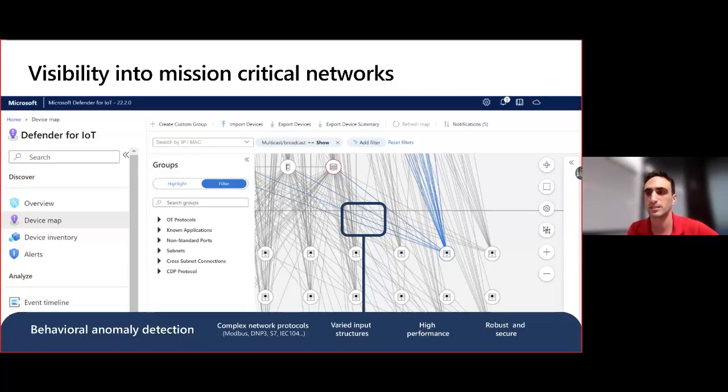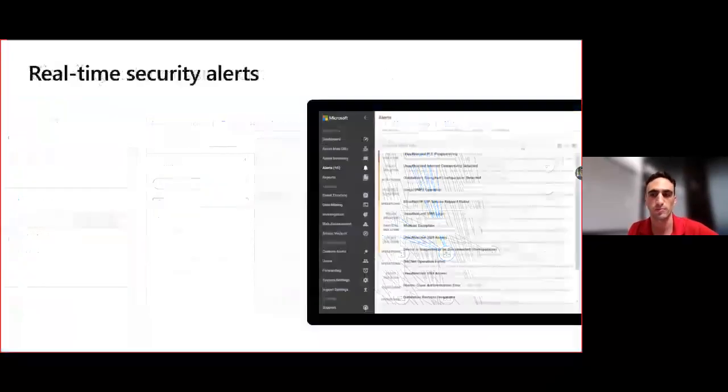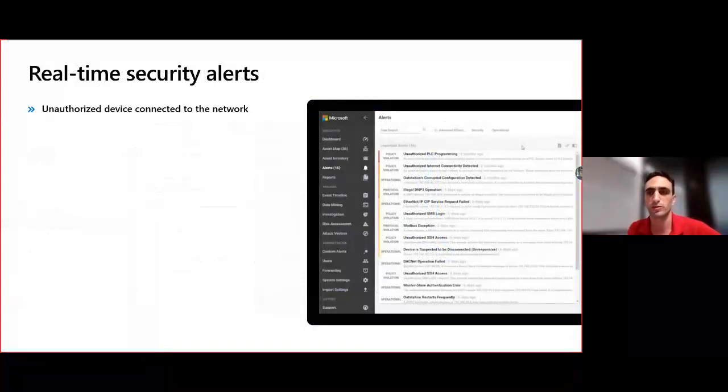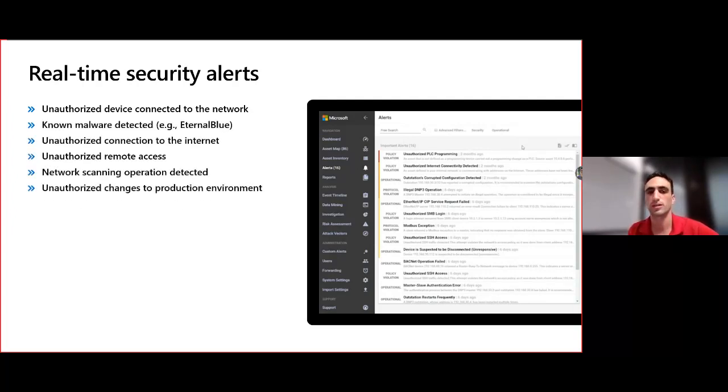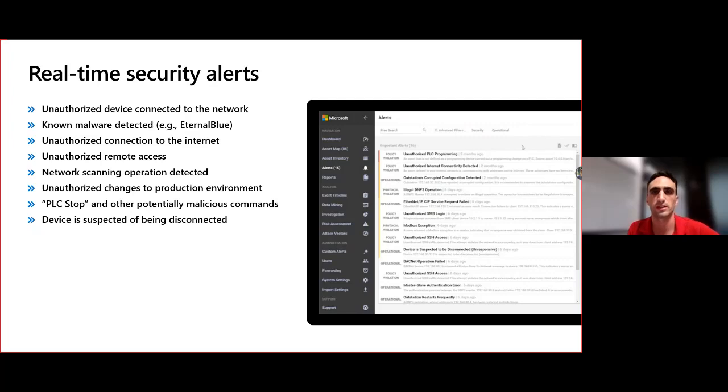At the very basis is the ability to parse this communication and see the different devices and how they're communicating with each other. On top of this, we build real-time security alerts. So we can alert for unauthorized devices connected to the network, known malware, of course, unauthorized connection to the internet, and many, many more alerts that are there to protect your critical networks.